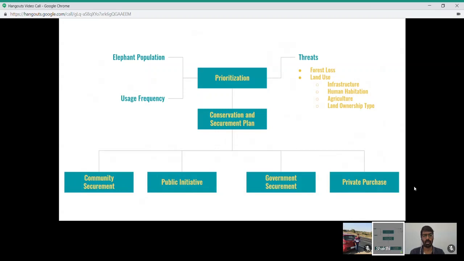And then there is the government securement model, where the focus is on policy advocacy work, providing national and state governments with technical assistance and support for acquisition of key corridors. And then there is a private purchase model, where the corridor land is purchased, local people are rehabilitated, and the purchased land is transferred to the relevant state forest department for legal protection.